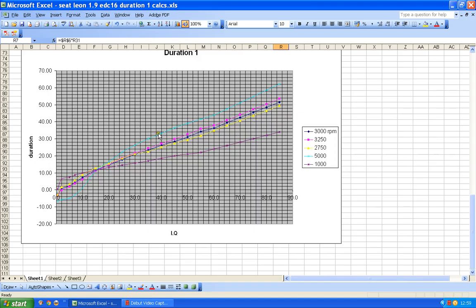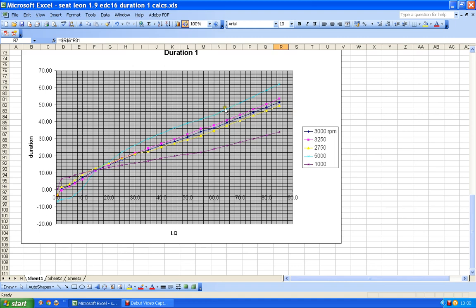If you look at this one again, at 5,000, it was coming along like that until it got to 60 here, and then I've taken it up like that. But looking at the shape of that graph, I think it's curving across here. In other words, I think this is going to plateau out.